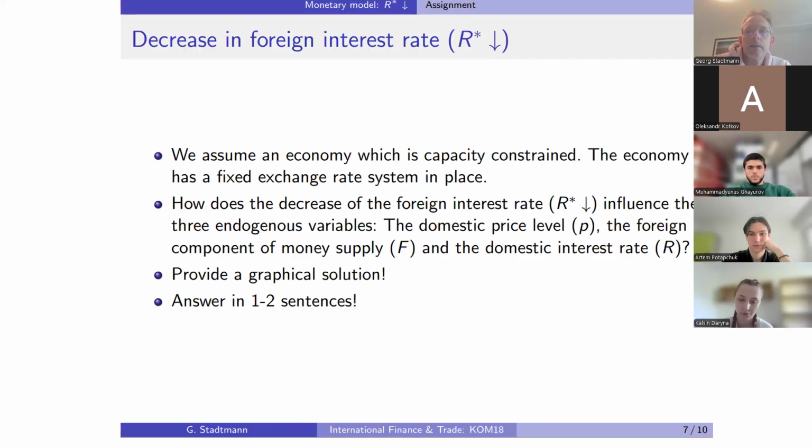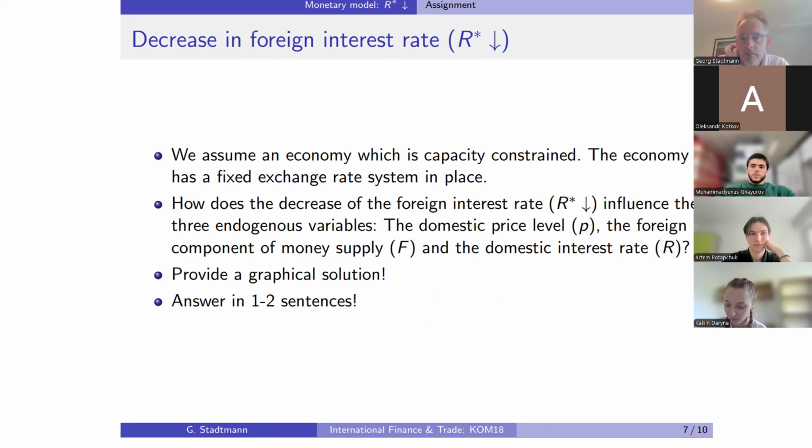Yeah, the second assignment question. We have a decrease in the foreign interest rate. R star decreases. So now we are assuming an economy which is capacity constrained. So the model class is changing here.